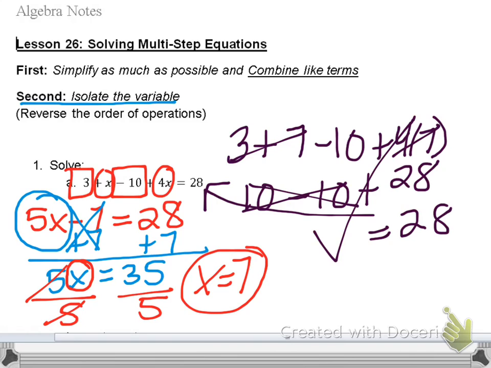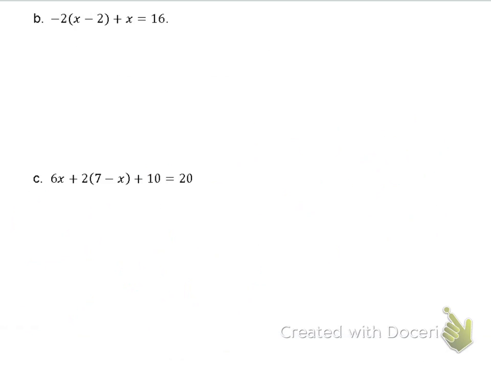Moving on to the next example. For the next example, we do have inclusion symbols here. We have parentheses. So we want to get rid of those parentheses by distributing the negative 2. So negative 2 times x is negative 2x. Negative 2 times negative 2 is positive 4.